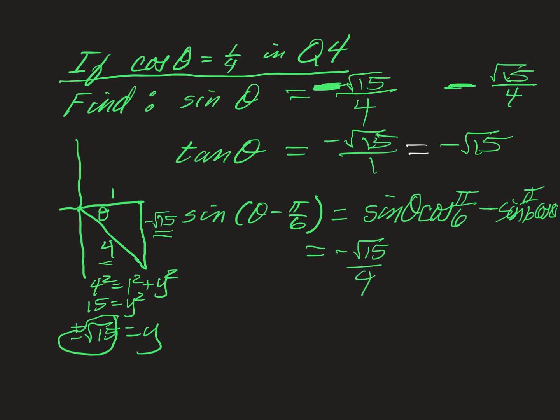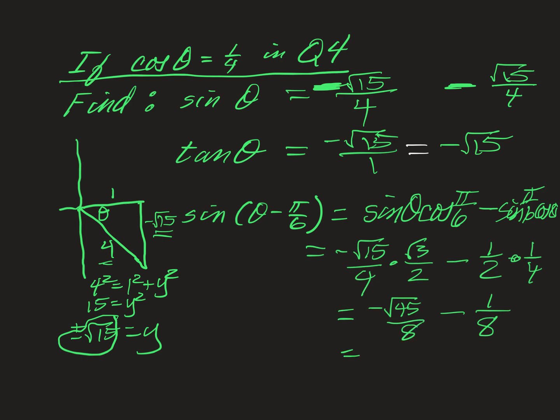The cosine of pi over 6 I can get from my table. That's the square root of 3 over 2. All right. The sine of pi over 6 is 1/2. And the cosine of theta I was given, it's 1/4. So this will be minus 1/8. And this over here will be negative square root of 45 over 8.